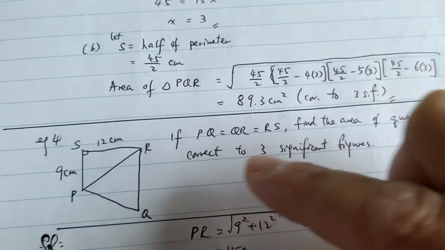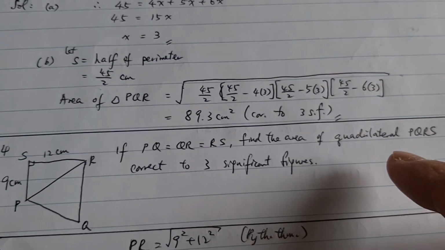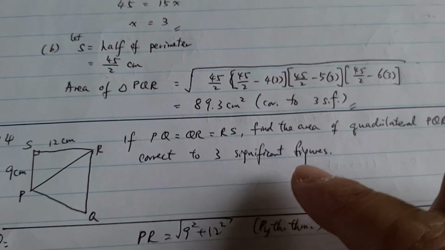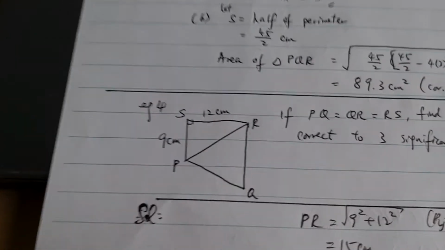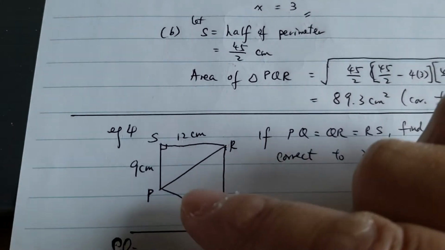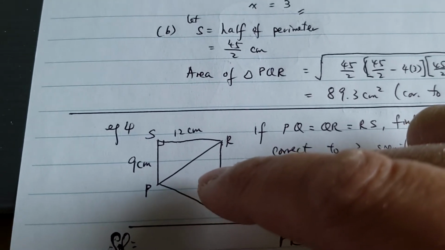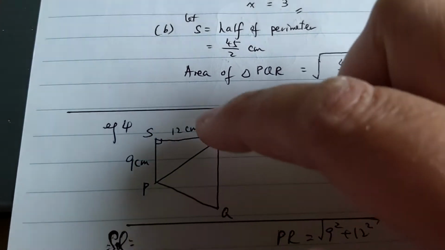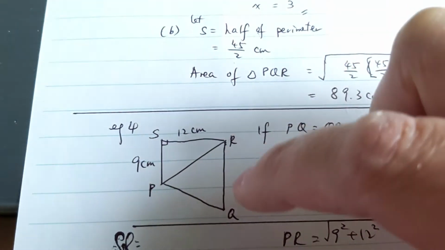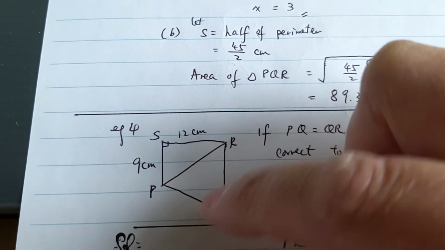So all the sides are given. Find the area of this quadrilateral correct to three significant figures. In this case, this quadrilateral is formed by two triangles. The first one is a right angle triangle. The other one is an isosceles triangle.